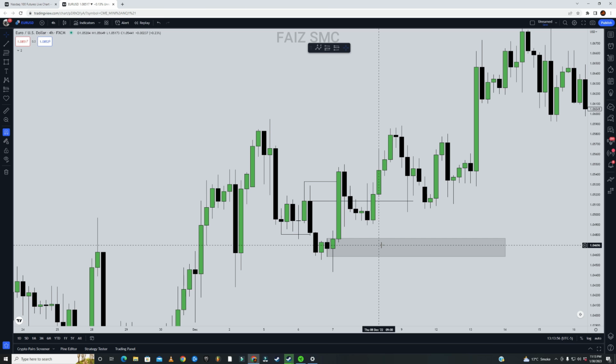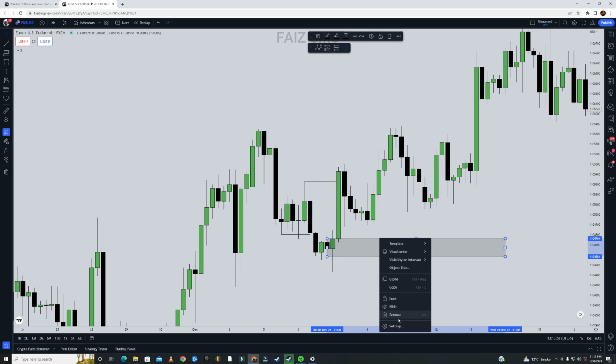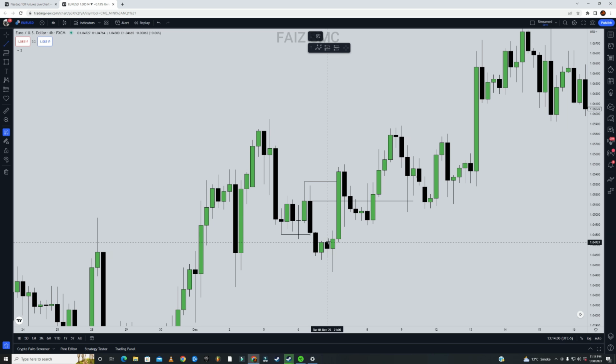Well, what if this bearish candle took out the low of this bullish candle and then you had a push up like this? Then you would consider that candle as your order block because it took out some sort of liquidity, and then you have a push up.